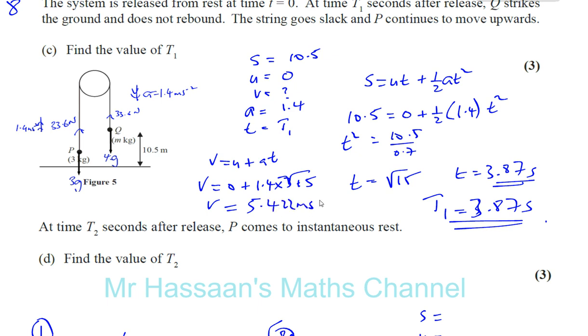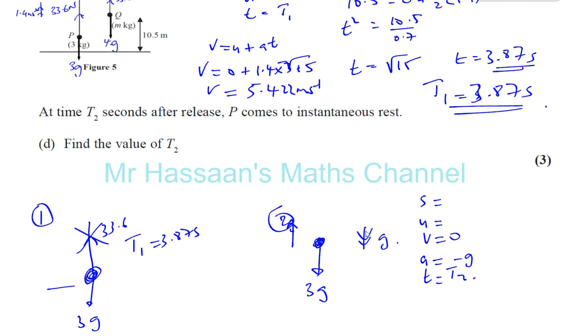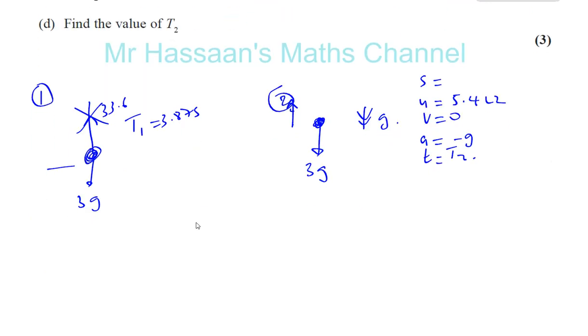That's meters per second. That's the final speed of Q as it hits the ground, which is, in this case, the initial speed of P once the string becomes taut. Now we need to find the time. We can use V equals U plus AT. We know what V is: it comes to rest.